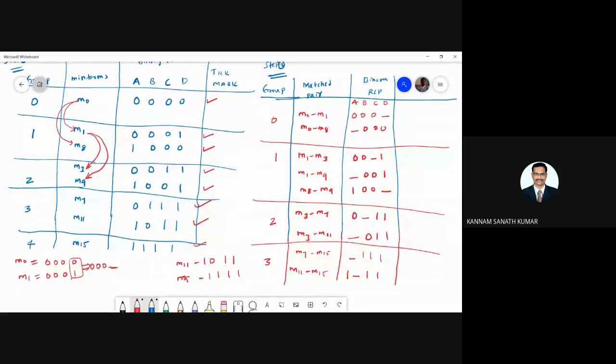M15 is 1111. So if you compare, this differs by only one bit. So that means you can write 1-11. So this is step 2.